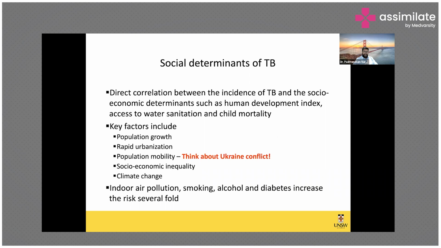And I think we have to understand that social determinants play a major role in tuberculosis, including factors like stigma, all of that plays a major role. And along with that, there are some other unique factors which play a major role in tuberculosis.